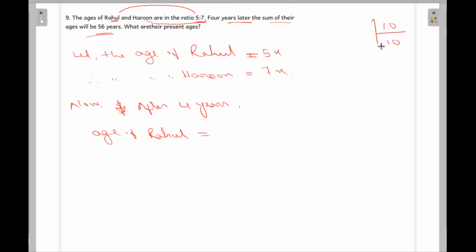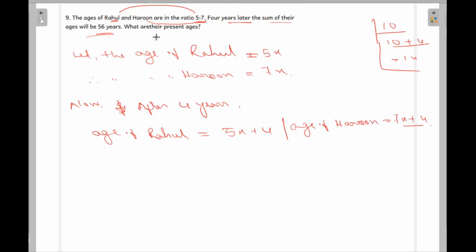So after 4 years it will be 14 years, 10 plus 4 equals 14. Similarly, after 4 years the age of Rahul will be 5x plus 4, and the age of Harun is equal to 7x plus 4.